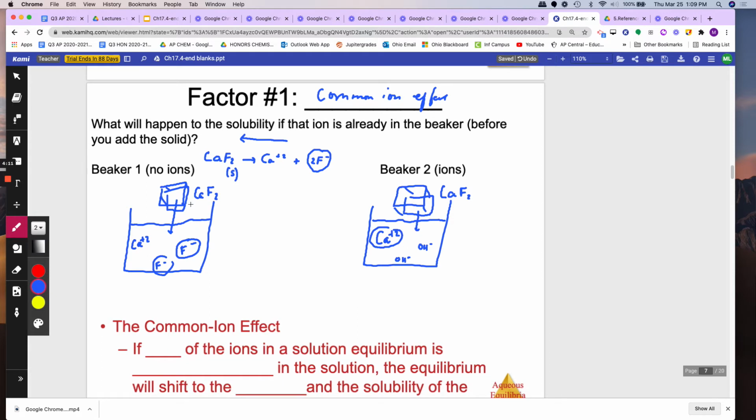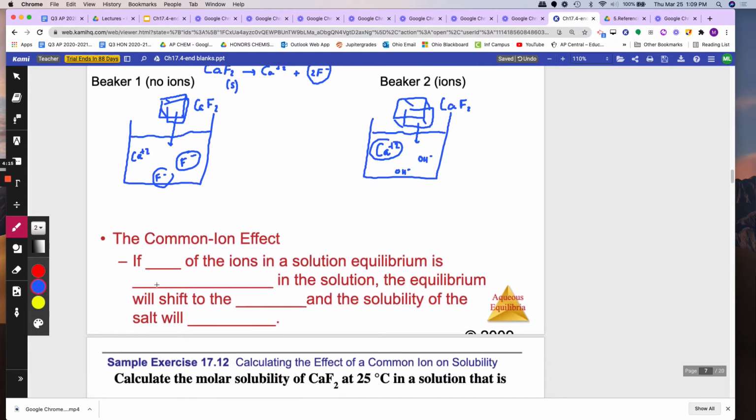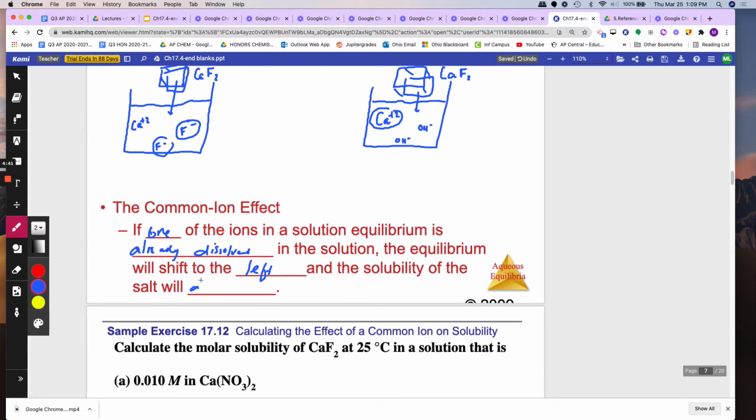Okay, so it doesn't matter if it's the positive ion or the negative ion, either one will lower the solubility. Okay, if one of the ions in a solution equilibrium is already dissolved in there, in the solution, the equilibrium will shift to the left. So go this way, and the solubility of the salt will decrease.